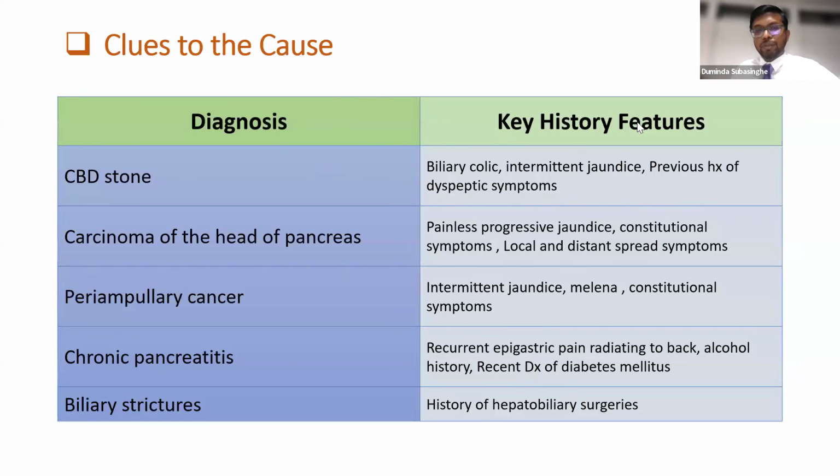So ask about the history of chronic pancreatitis, recurrent episodes of epigastric pain radiating to the back in the background of alcohol consumption, alcohol misuse, as well as recent history of diabetes. Again, diabetes is a clue for you to identify chronic pancreatitis due to the endocrine failure of the gland.